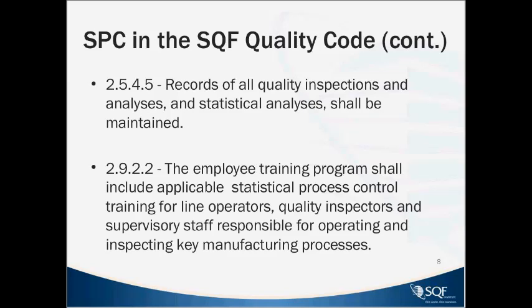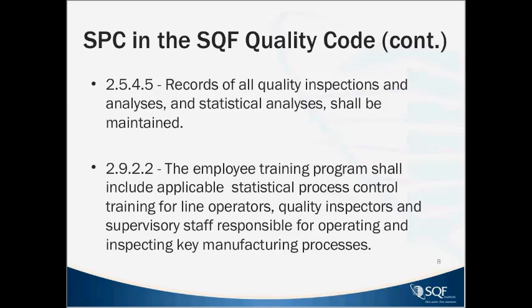It doesn't say what type of training, but obviously the tools, the things that they need to use on the line to monitor their processes. The training would be applicable to the level that they need to do the job.